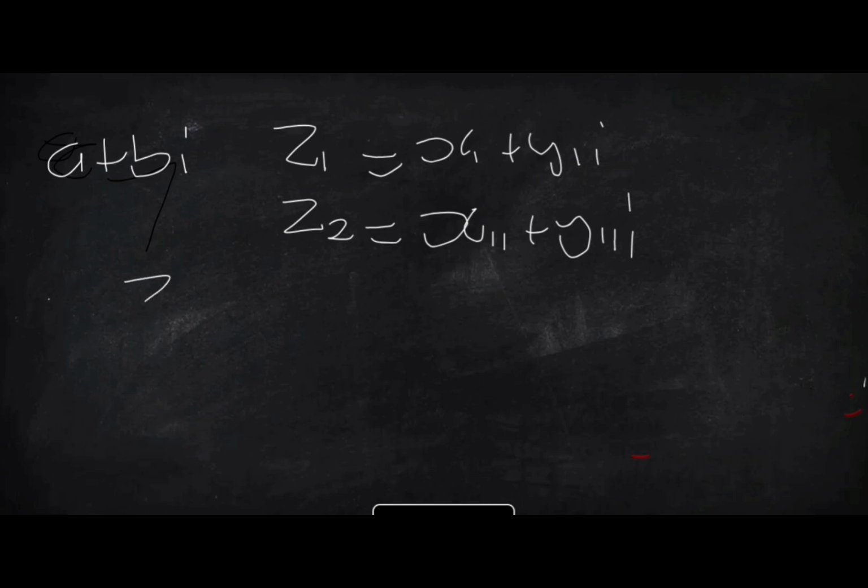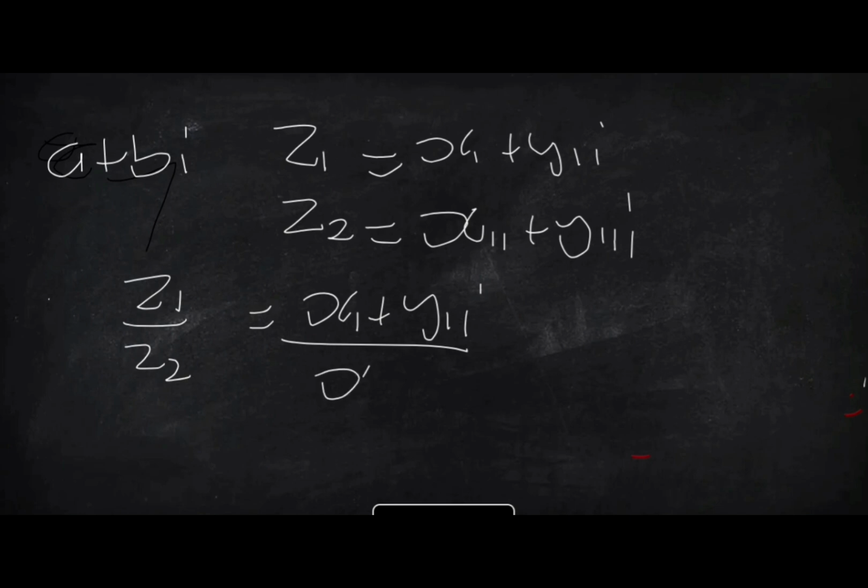To divide z1 by z2, this becomes x' plus y'i divided by x'' plus y''i. To do so, we have to multiply through with the complex conjugate of the denominator.